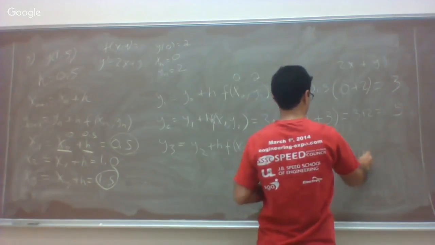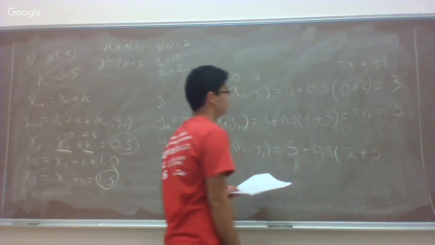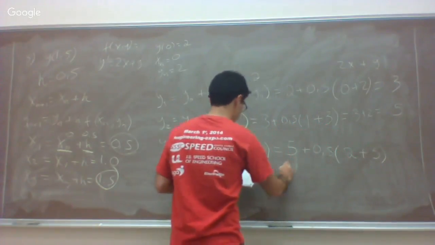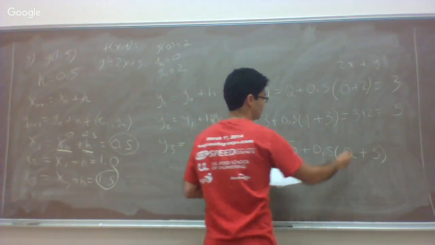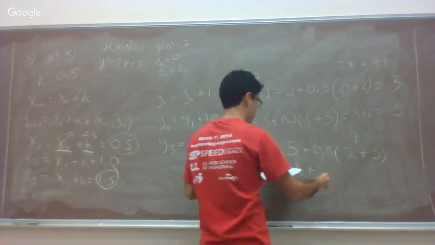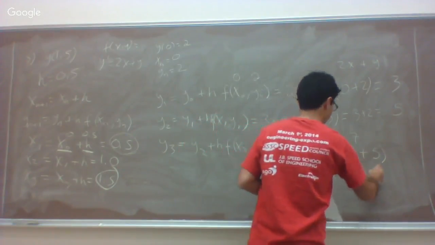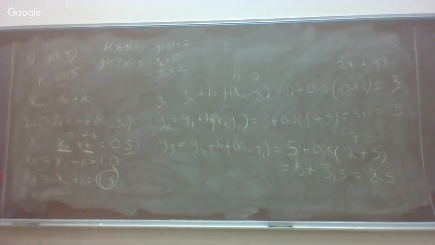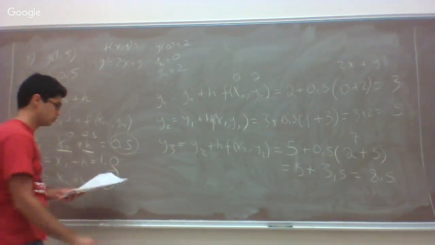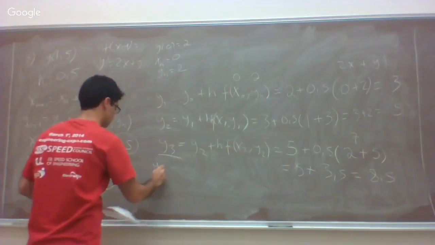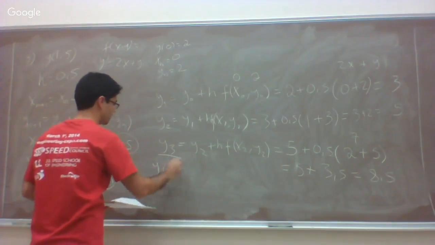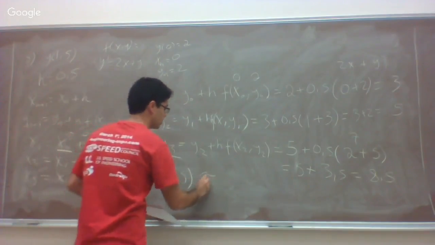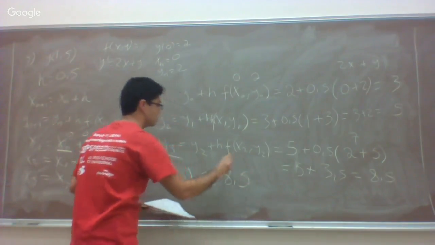So I have a 2 here, plus y sub 2, which is a 5. So this is 5 plus 7 times 0.5, which is a 3.5. So this is equal to an 8.5. Okay. So that my y sub 3, which is a function of x sub 3, y of 1.5, is approximately 8.5.